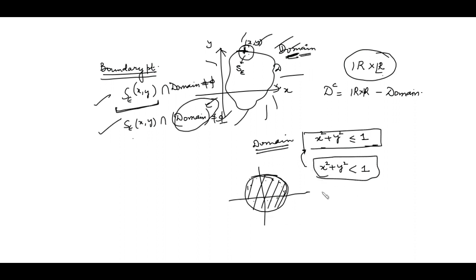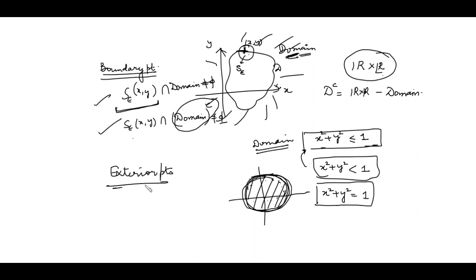What are the boundary points? Those (x, y) belonging to R squared such that x squared plus y squared is exactly 1. So the points lying on the circumference of the circle are the boundary points. Now what are the exterior points? The points which lie outside the domain.